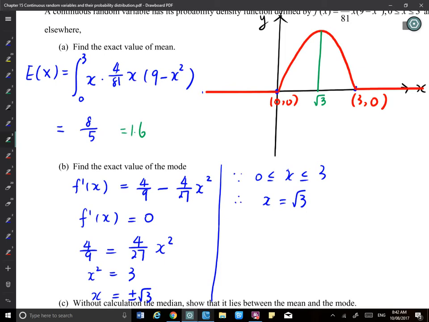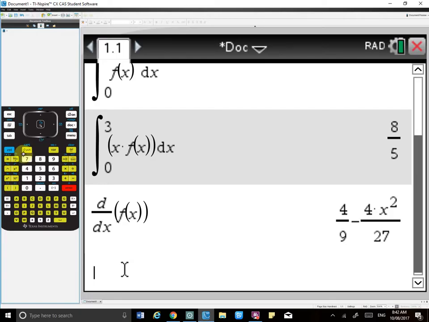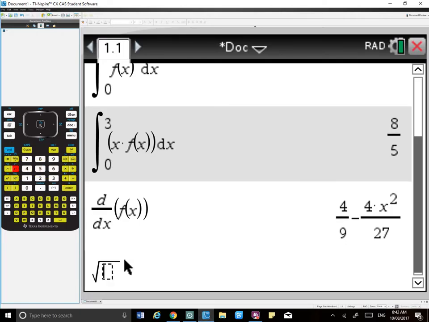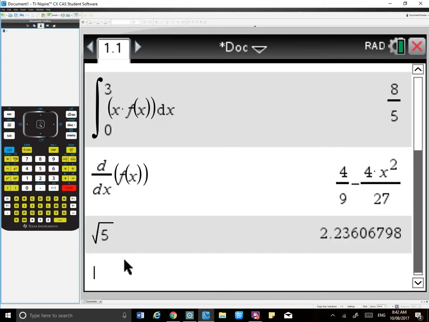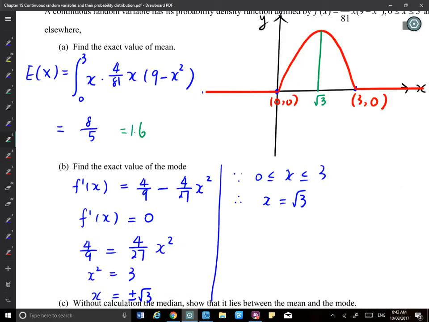Root 2 is 1.414, root 3 is 1.732, and root 5 is 2.236. Those are the common numbers we see in most of the questions.